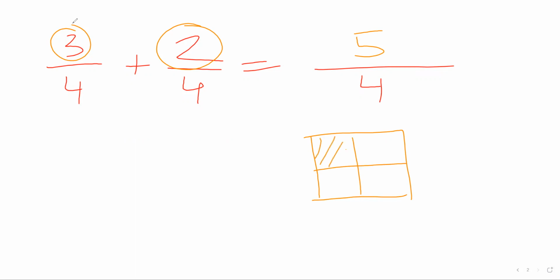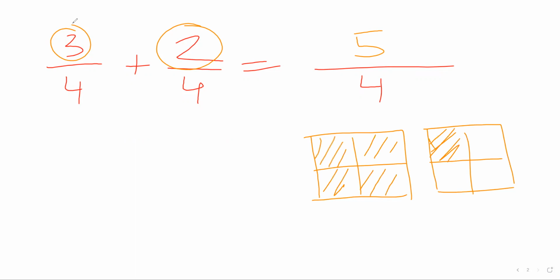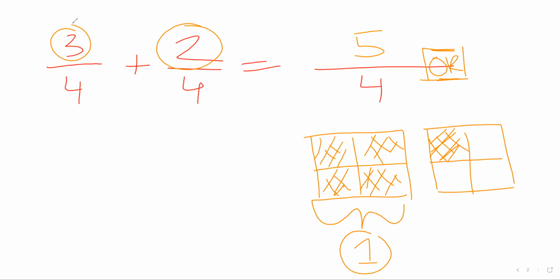I need to shade 5. There's 1, 2, 3, 4. Oh, so I need another one. 5. So there's 5/4. And I know that this is equal to the number 1. So the other way I could write this would be 1 whole, and then the 1 out of 4 that's left over. So 1 and 1/4. So those were those two pieces.